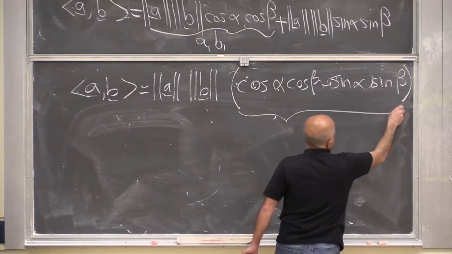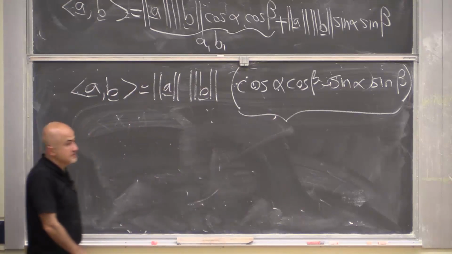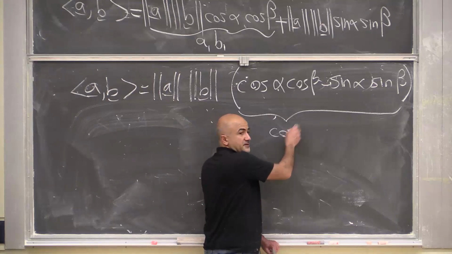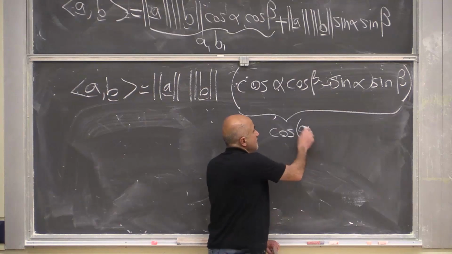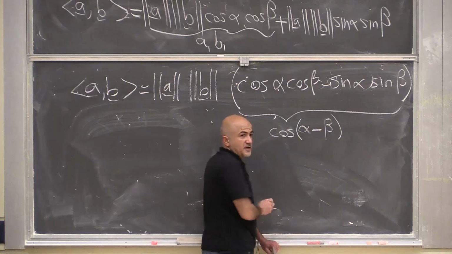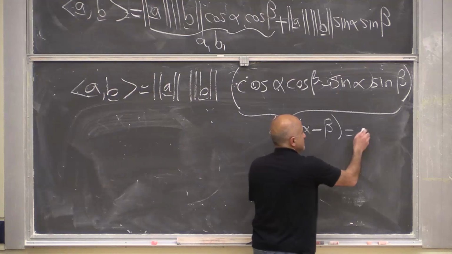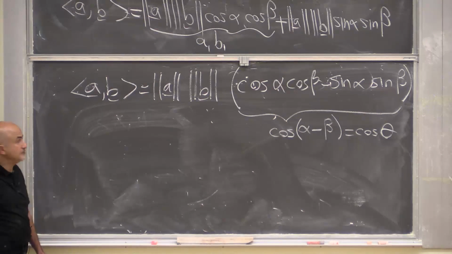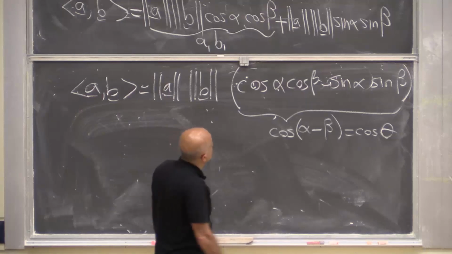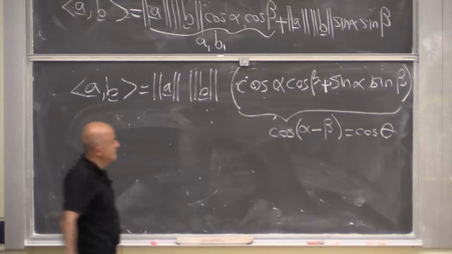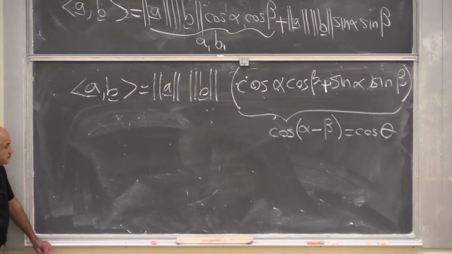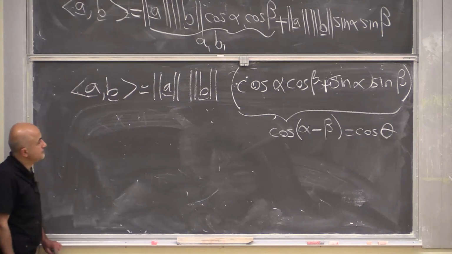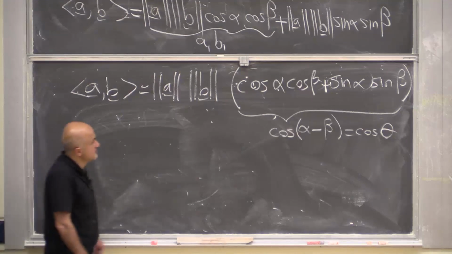This is what? Cosine of alpha minus beta. And what do you know about alpha minus beta? It's theta. Oh, sorry, this is a plus. Now it makes sense. Okay? So maybe I should have walked to the corner of useless information to remind myself.